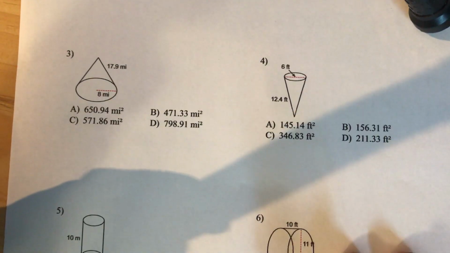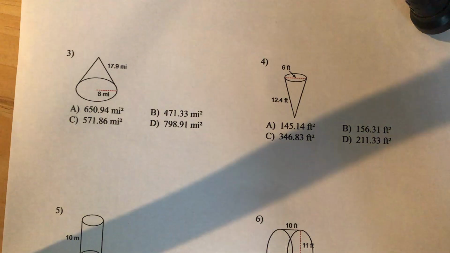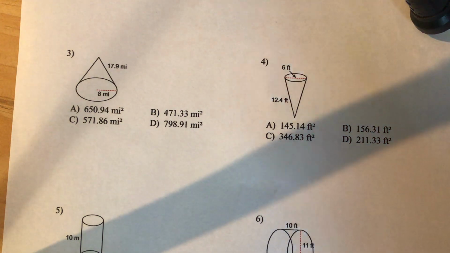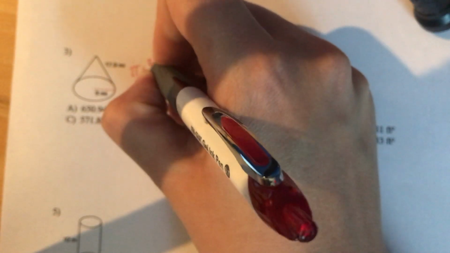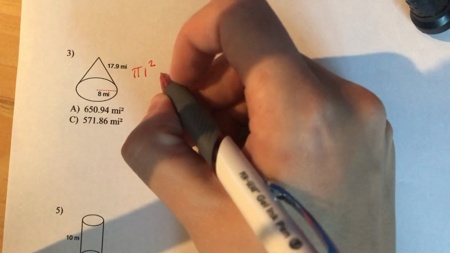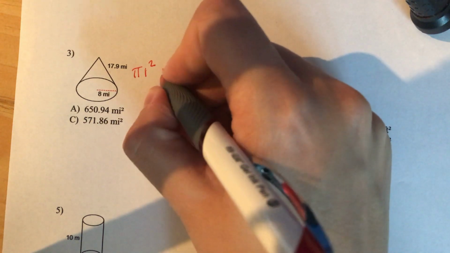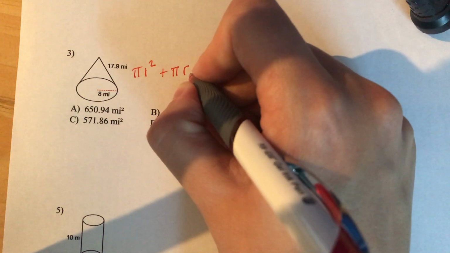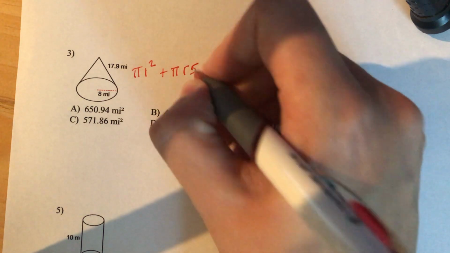All right, then we're going to go down here. These are cones, so we're going to look at our formula sheet to find the surface area of cones. This is a long one, but the surface area of a cone is pi r squared plus pi times r times the slant height.